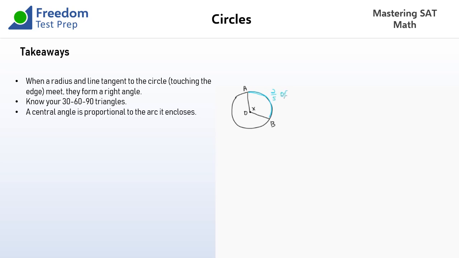2/5 of the circumference. If they say that, again, it's very similar to what we just did. We have this angle, which essentially encloses this arc, and there's a proportionality. So if this arc is 2/5 of the entire circumference, then x is 2/5 of the circle formed by that angle.